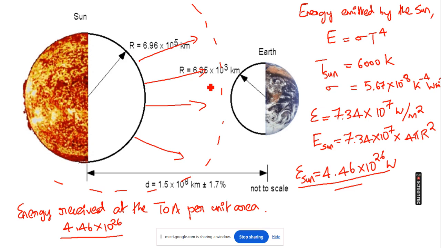This matters, right? 1.5 into 10 raised to 8 and 6.35 into 10 raised to 3. So if we measure from here to here, then it's 1.5 into 10 raised to 8 kilometer, right?